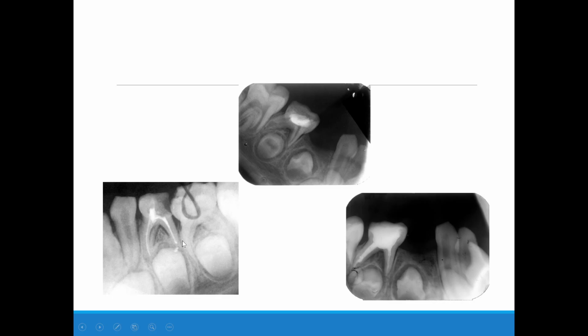It's an iatrogenic mistake near the bud of the permanent tooth. Here you can see that the first primary molar was extracted, and you can see the bud of the permanent tooth and the pulpectomy and the filling of roots in the second primary molar.